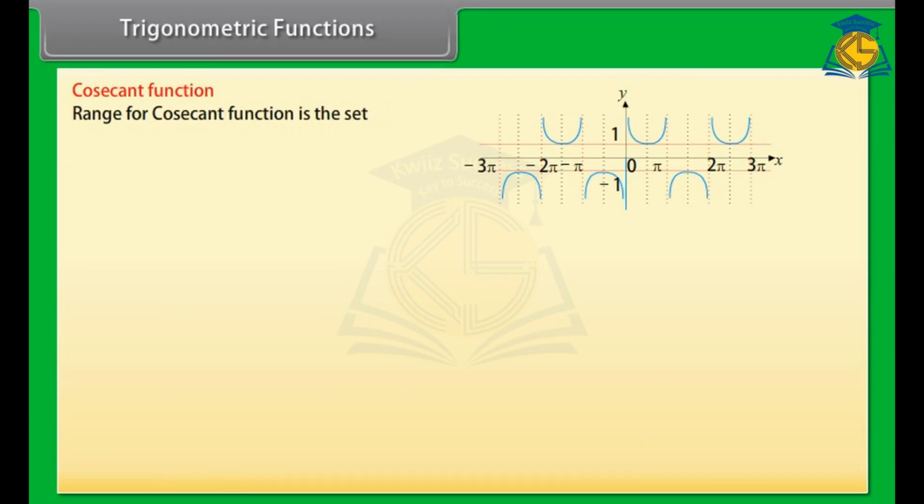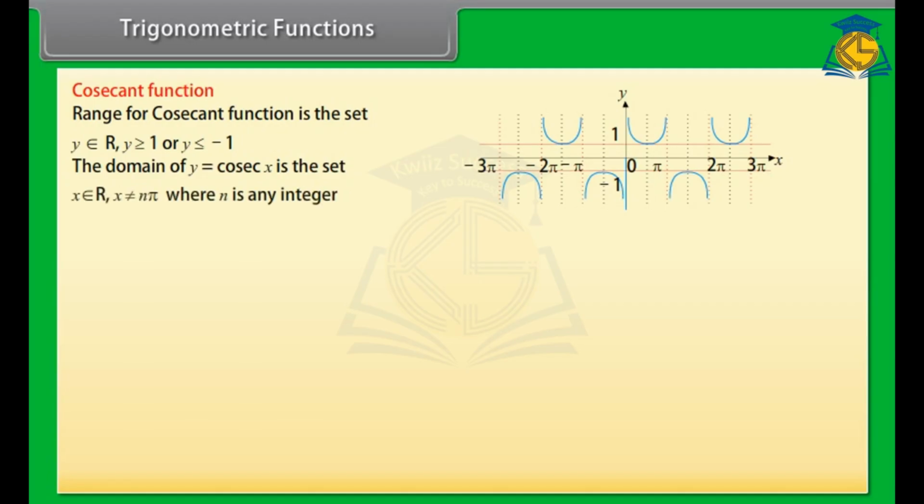Range for cosecant function is the set y belongs to real numbers, y greater than or equal to 1 or y less than or equal to minus 1. The domain of y equals cosec of x is the set x belongs to real numbers, x not equal to n into pi, where n is any integer.